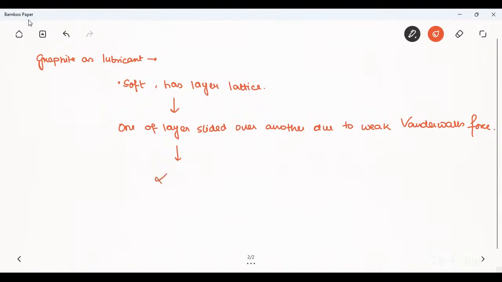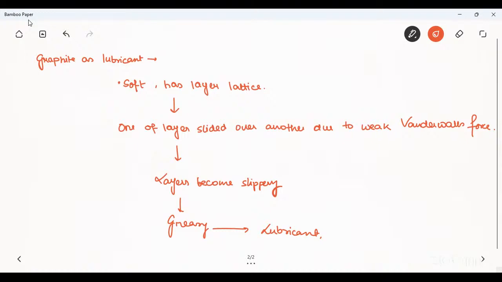So these layers become slippery. And what happens? It is greasy and used as a lubricant. So this is the basic reason why graphite can be used as a lubricant.